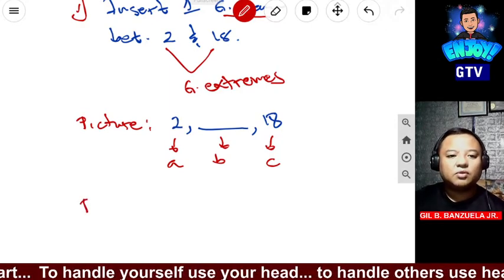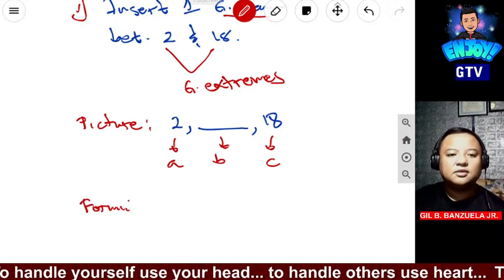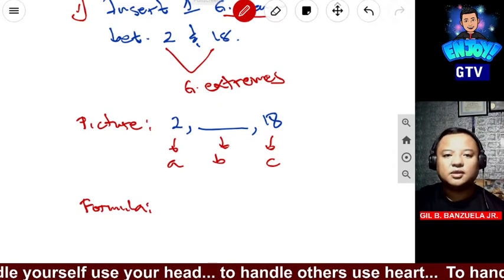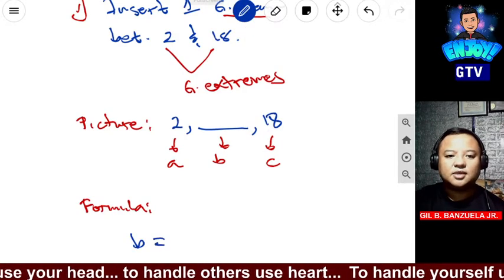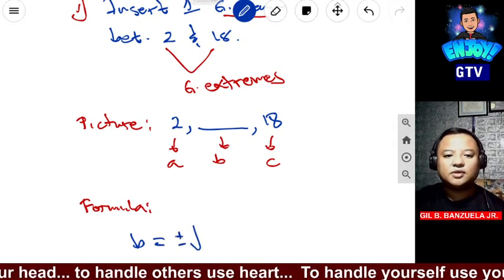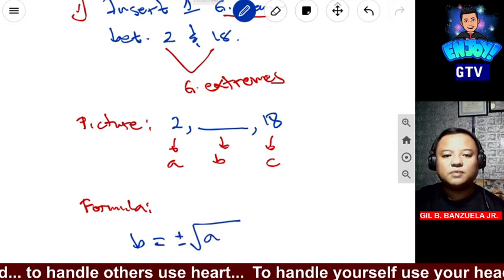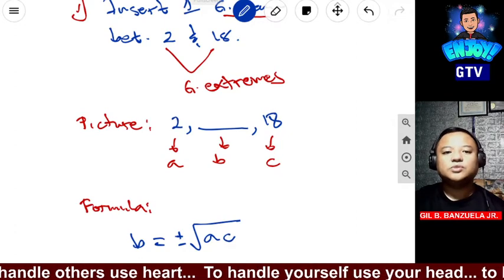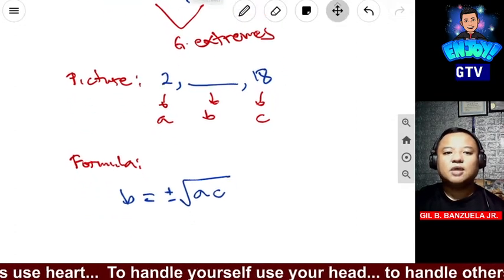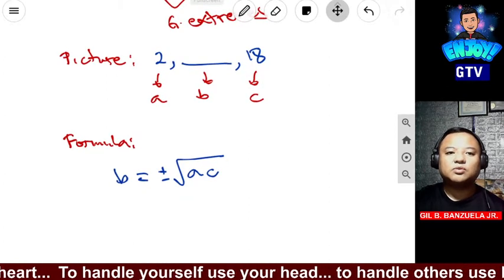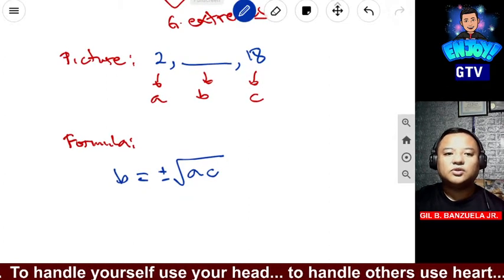So for our formula to solve for the geometric mean, we have B is equal to plus or minus the square root of the product between your geometric extremes A and C.